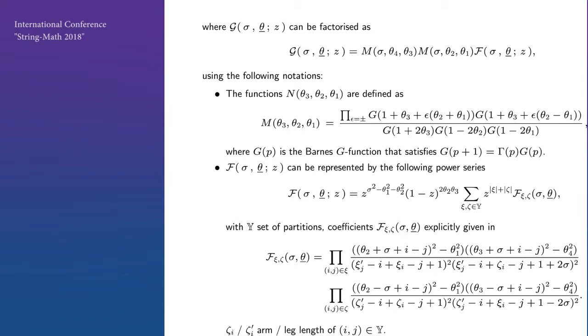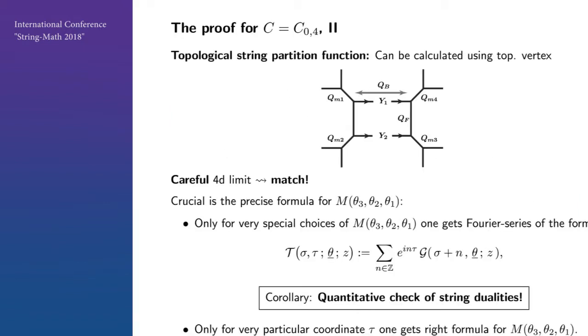So the upshot is we're getting the same formula, and it has the right form for representing or reproducing this relation between free fermion partition functions and topological string partition functions that Dijkgraaf et al.